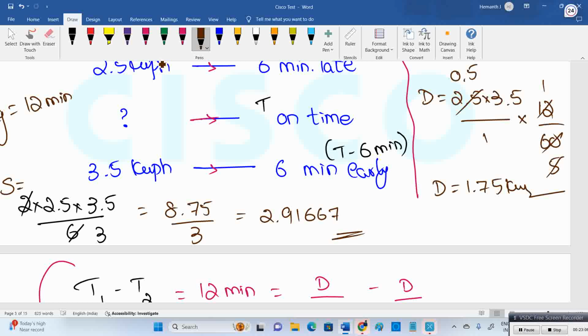It's close to 3 but not 3. Speed to be maintained is close to 3, 2.916 kilometer per hour like that.